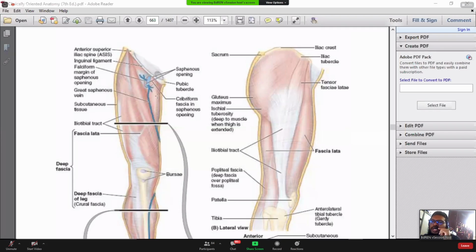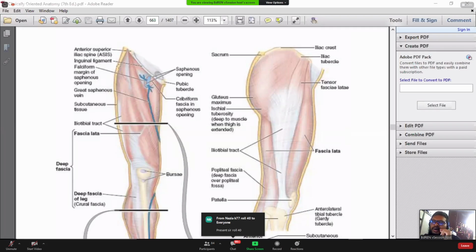The deep fascia of the thigh is also called the deep fascia of the lower limb as such, but the deep fascia of the thigh is also called fascia lata. L-A-T-A. Lata means extended. It's a very much extended fascia. That's why it is called fascia lata, and it is attached medially to the pubic arch, that is the ischiopubic ramus and the ischial tuberosity, and anteriorly, it is attached from the anterosuperior spine, inguinal ligament, to the pubic tubercle.